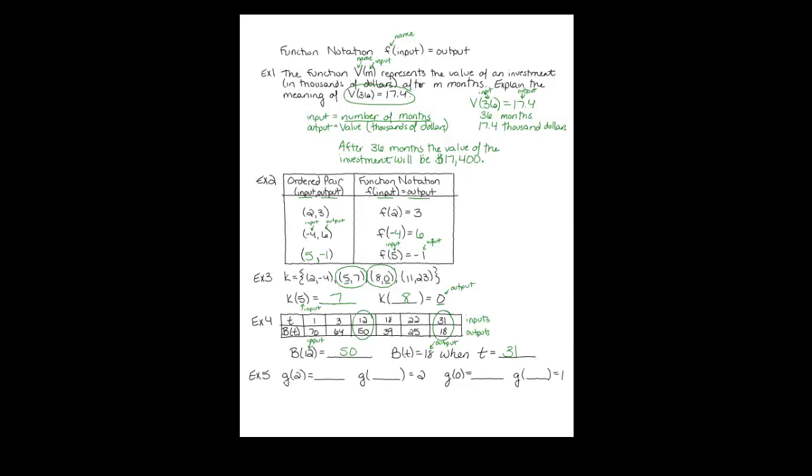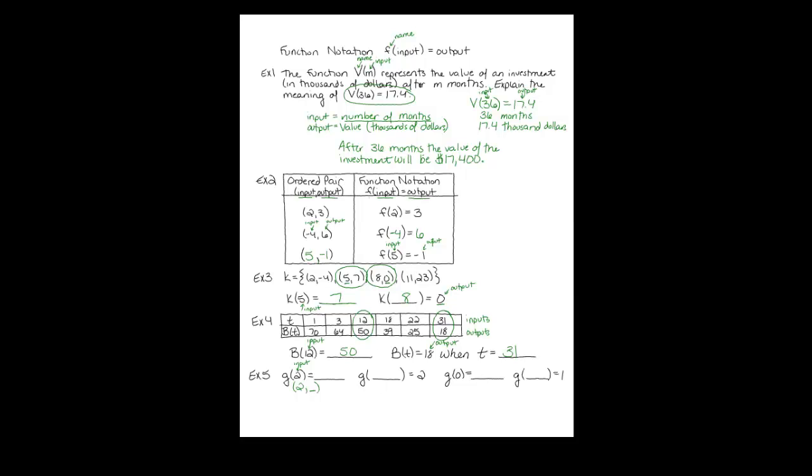In example 5, we have a graph. The graph of g of x is shown, and you're asked to answer these same sorts of questions. So first of all, g of 2. 2 is an input because it is inside the parentheses. We're looking for the output. Now, if you think of this as an ordered pair, we are given the input value.